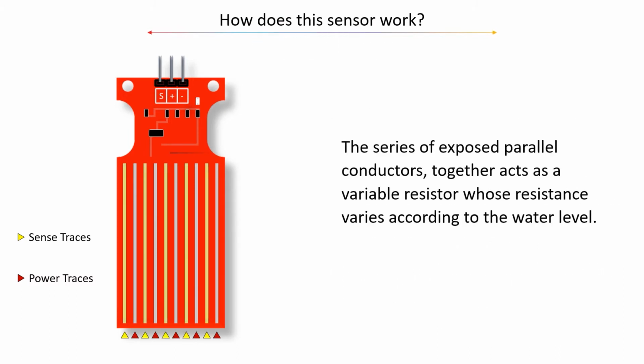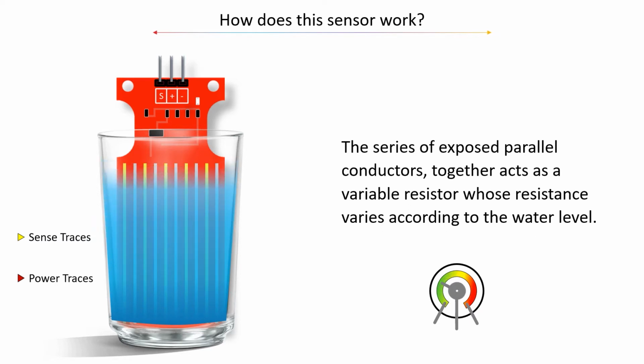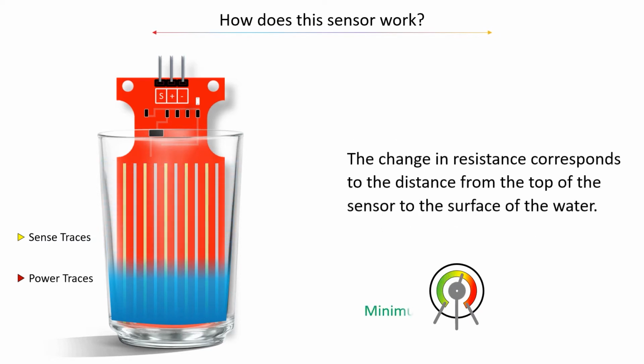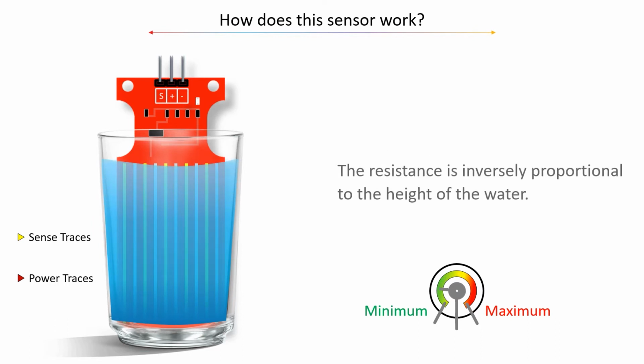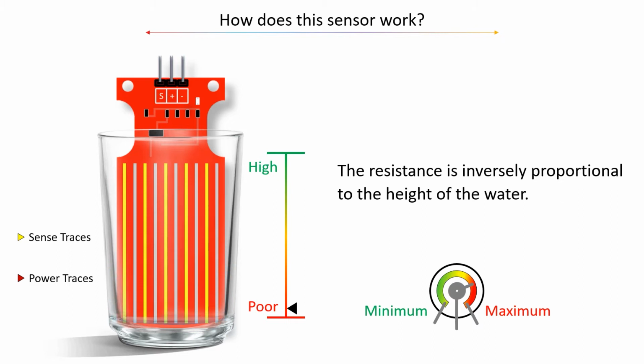The series of exposed parallel conductors together acts as a variable resistor whose resistance varies according to the water level. The change in resistance corresponds to the distance from the top of the sensor to the surface of the water. The resistance is inversely proportional to the height of the water.